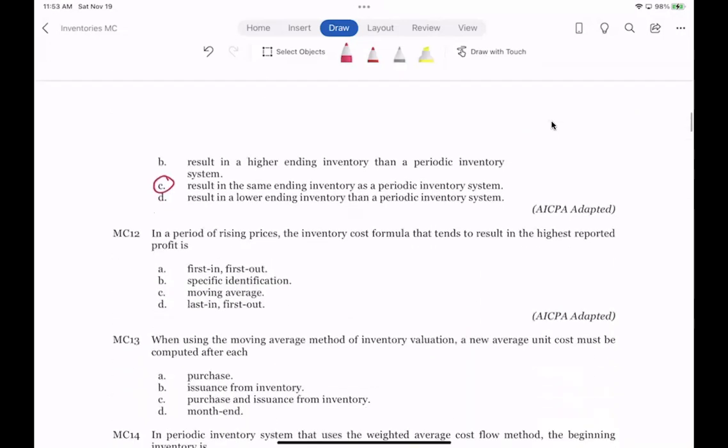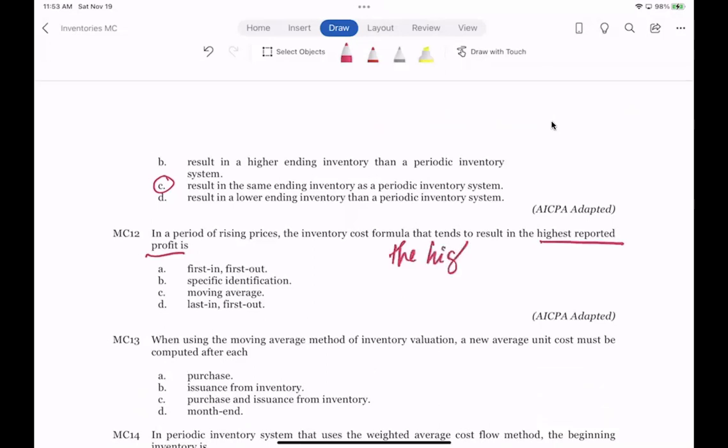In a period of rising prices, the inventory cost formula that tends to result in the highest reported profit. So what's the principle?